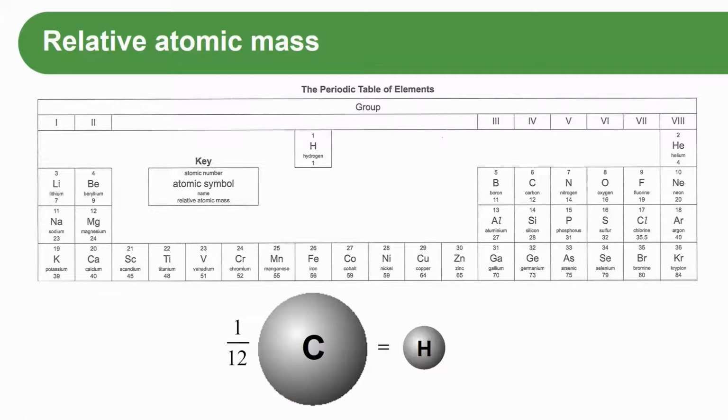Which of these elements has a different relative atomic mass as compared to other elements? If you look carefully, chlorine has a relative atomic mass of 35.5. This is because average mass is being taken here.